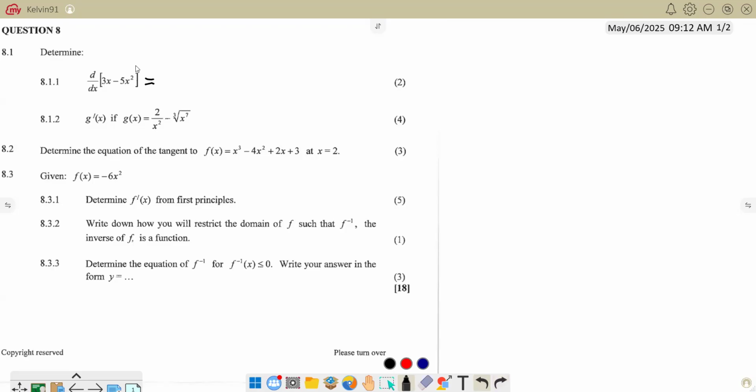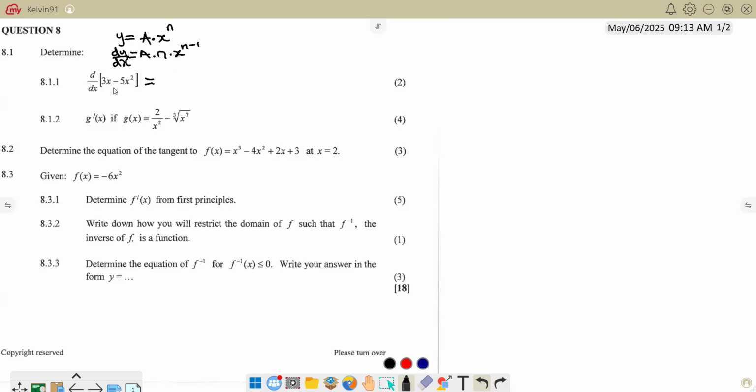So it means this reduces to, here we are going to apply the rules of differentiation, where if you are given that y is equal to a multiplied by x to the power n, your dy/dx will be equal to this coefficient, which is a, multiplied by the power, which is n, multiplied by x to the power n minus 1.